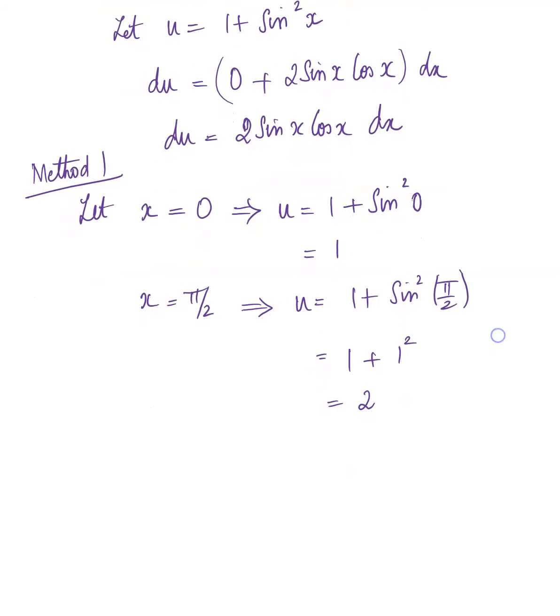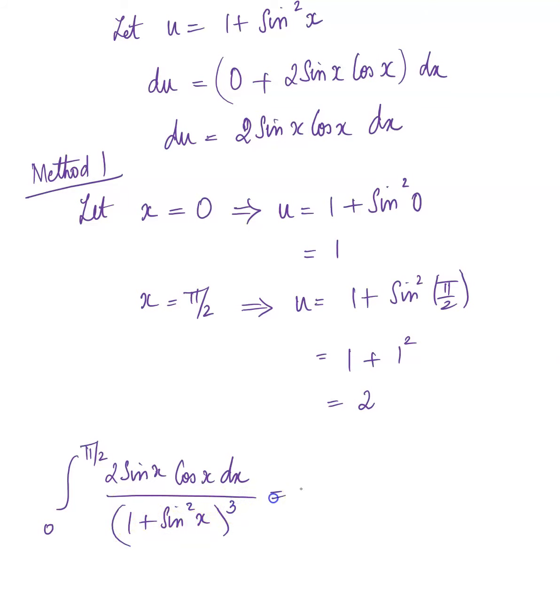So now I'm going to use method 1, which means, let me write the question again. 0 to pi over 2, 2 sine x cosine x dx, all over the whole cubed. So my new limits would be 1 to 2. This whole thing is du.